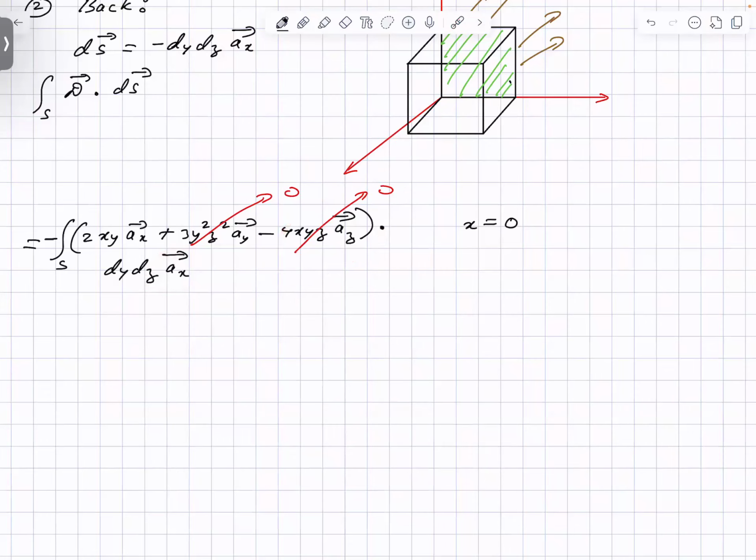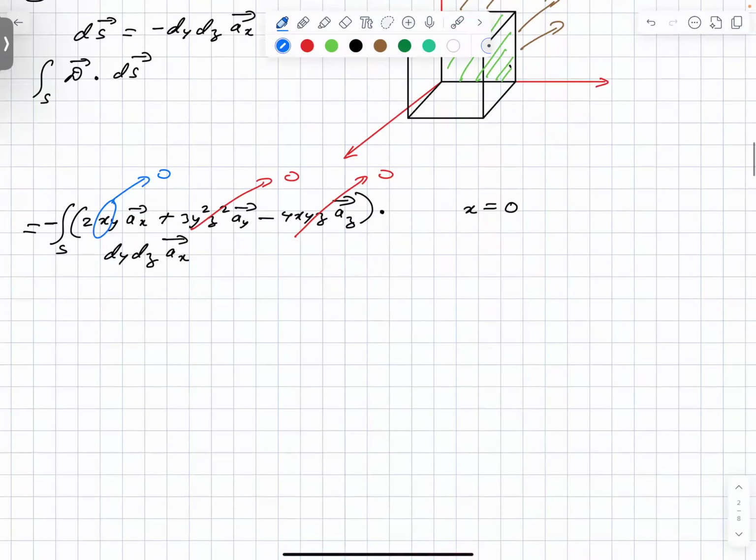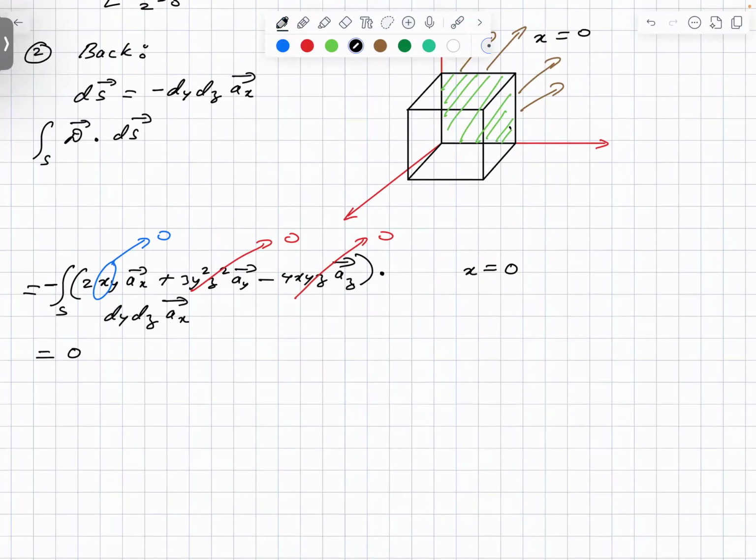And also on top of that, in this remaining expression, we have to set x equal to 0. If we set x equal to 0, the first term also becomes 0. So everything becomes 0. We are integrating 0. So that means our answer is also going to be 0. So the total flux coming out of the back surface happens to be actually 0.